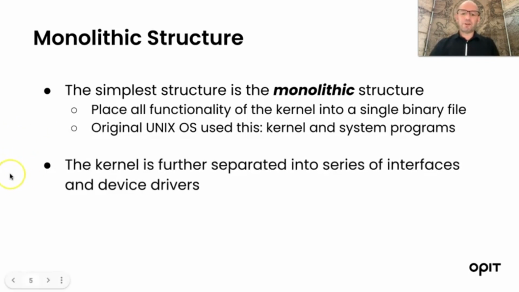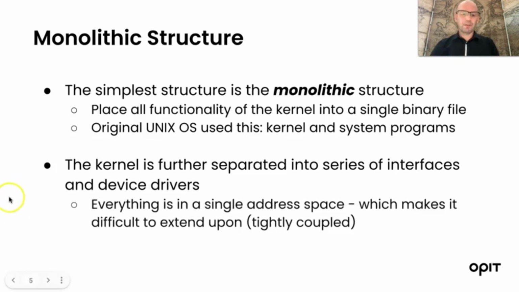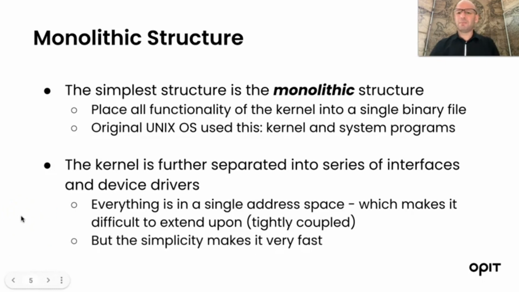The kernel is further separated into a series of interfaces and individual device drivers, to give access to, for example, peripheral devices. Everything is in a single address space, which makes it difficult to extend upon. It's what we call tightly coupled. But the simplicity of it makes it very fast. So as long as it does what you want it to do and you don't need to make any changes to it, then this structure might work okay.